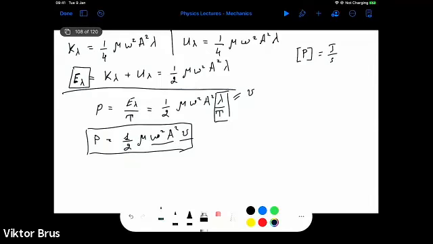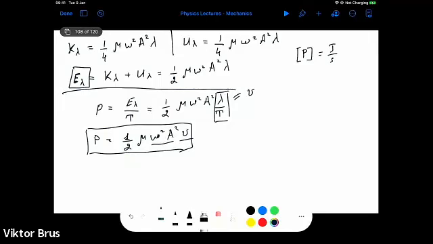It's also a mechanical wave, just a longitudinal wave, different from the transverse wave along the string. But it follows the same concept. The power it transmits is proportional to the square of the frequency and amplitude.